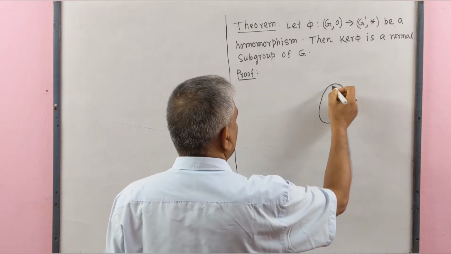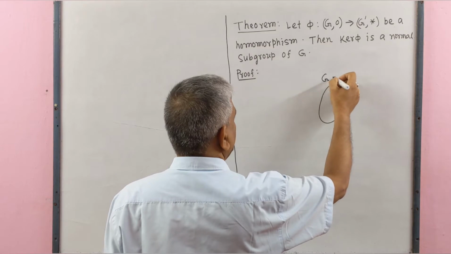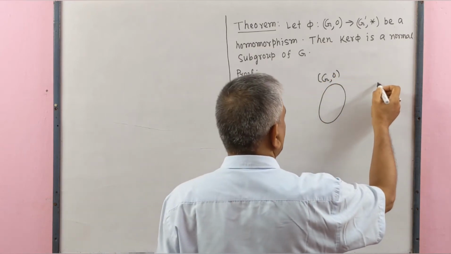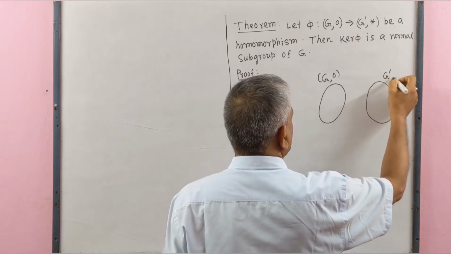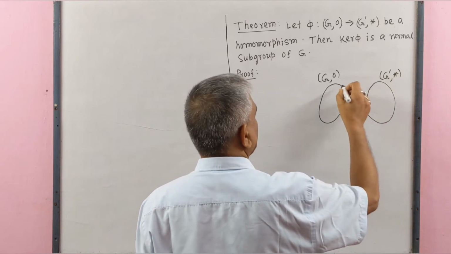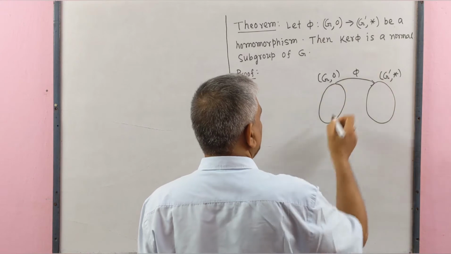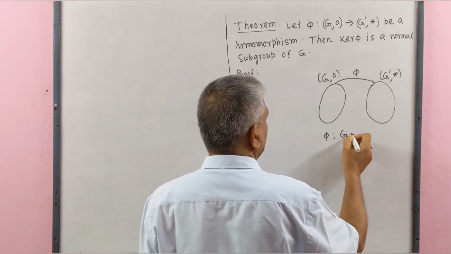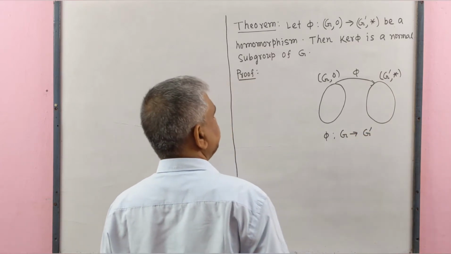Let G and G' be two groups, and phi be a homomorphism defined on G into G'.